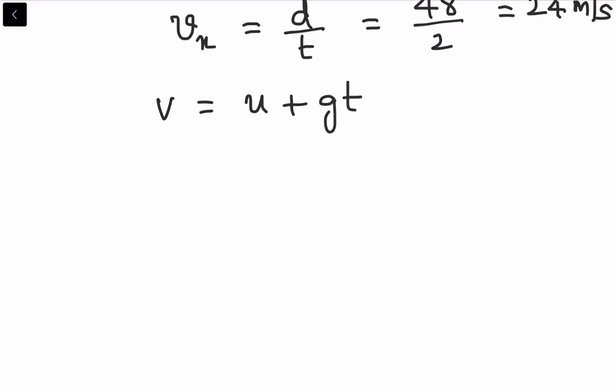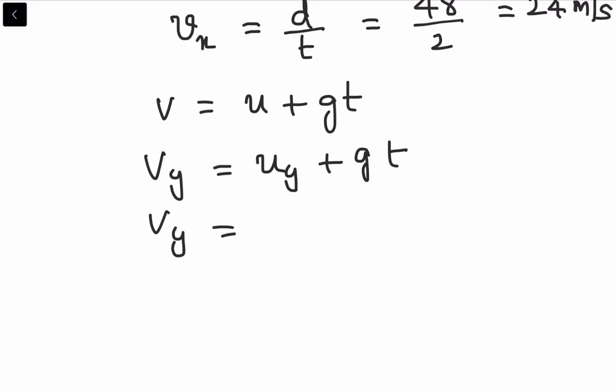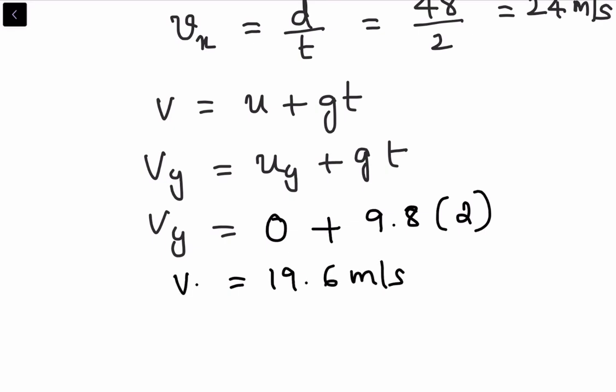Therefore, v in the vertical direction is equal to u in the vertical direction plus g into t. Then the initial velocity in the vertical direction is 0 plus 9.8 into t, that is 2. So that comes to 19.6 meters per second. This is the vertical component of velocity.